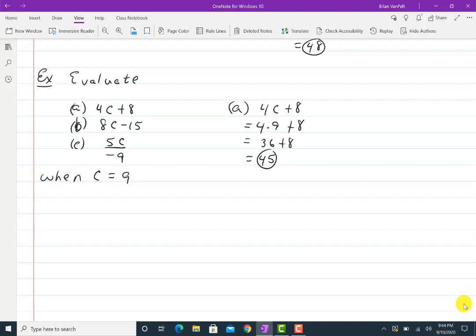Next, 8c minus 15. That's 8 times C. I'll put the 9 in for C. And that will give me 72 minus 15, which should be 57.